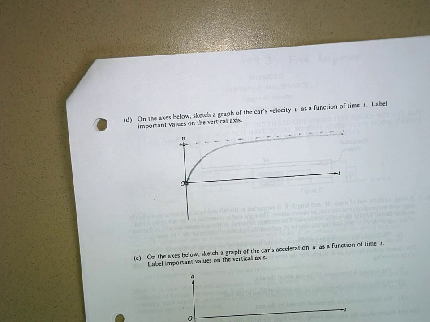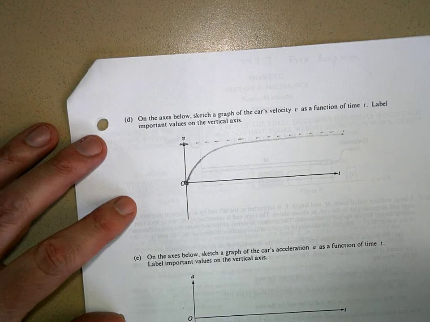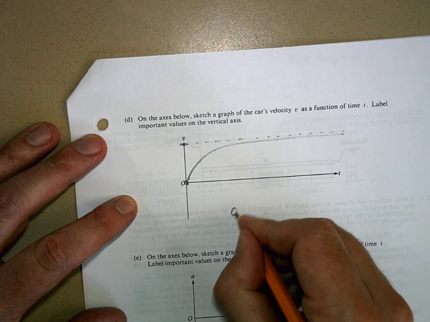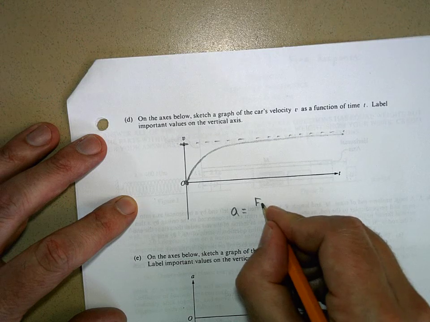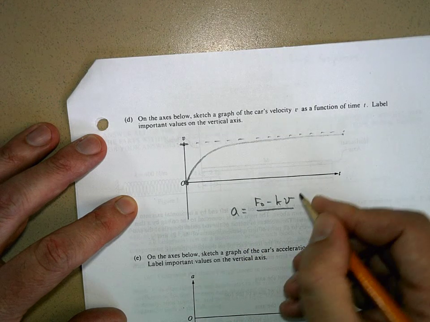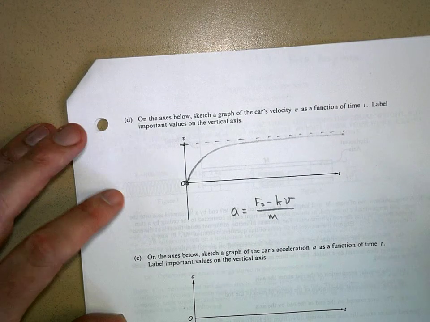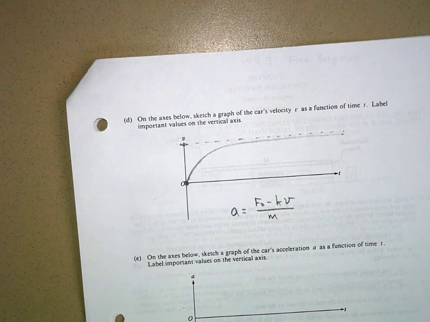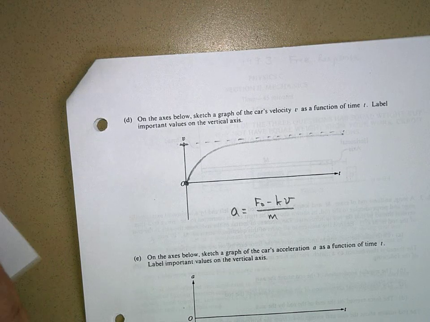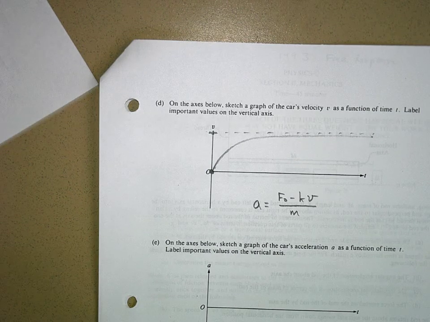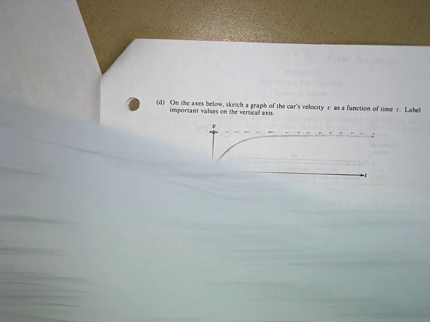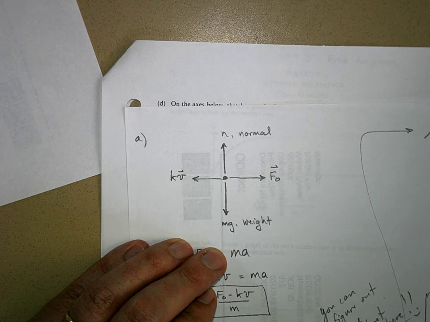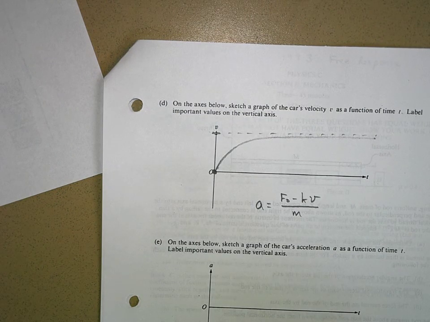Now, there's one way to figure out what this maximum velocity is. Let's go back to the acceleration equation. a equals f naught minus kv over m. Well, if you think about this problem, even without doing part C, once this force becomes equal to this, the acceleration is going to be 0, and that's when my velocity is at its maximum.